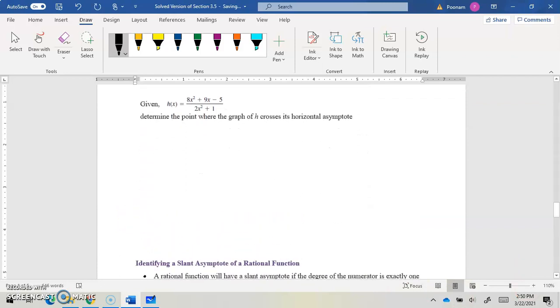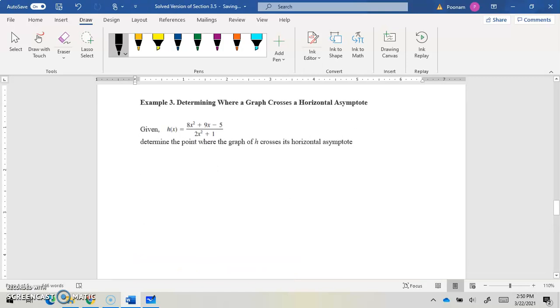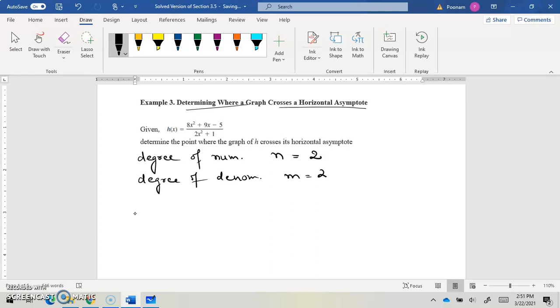Next we have the function h of x is equal to 8x squared plus 9x minus 5 divided by 2x squared plus 1. We have to find where the graph crosses the horizontal asymptote. First, let's find the horizontal asymptote. The degree of the numerator, which is n, is equal to 2, and the degree of the denominator, which is m, is equal to 2.